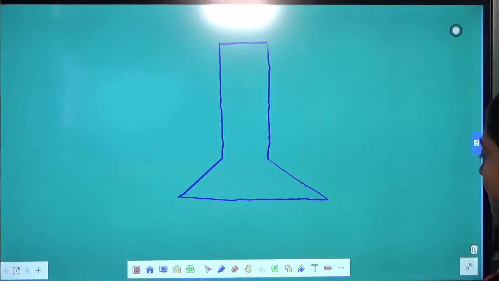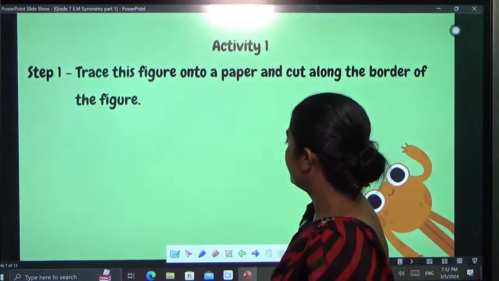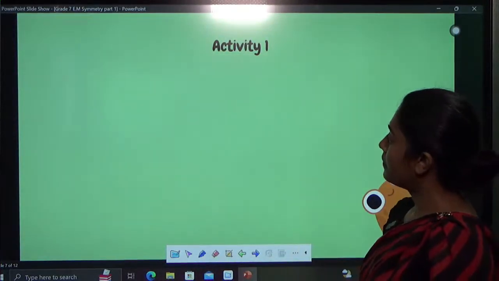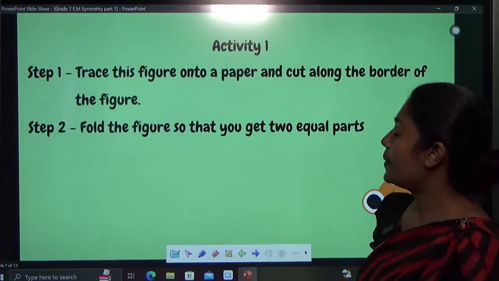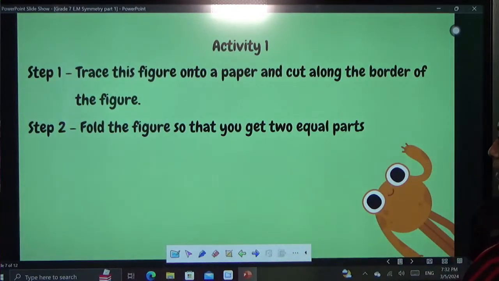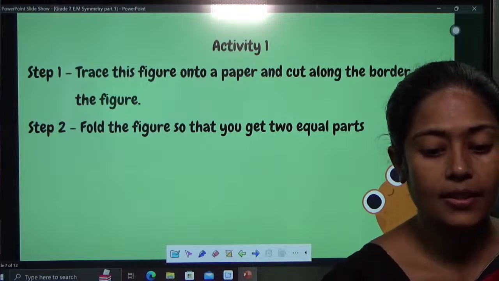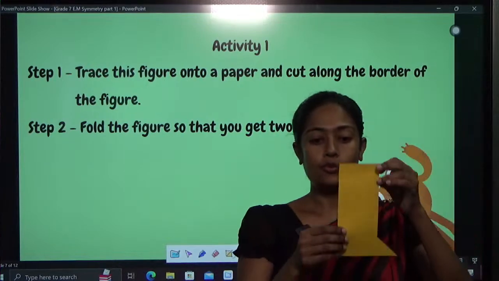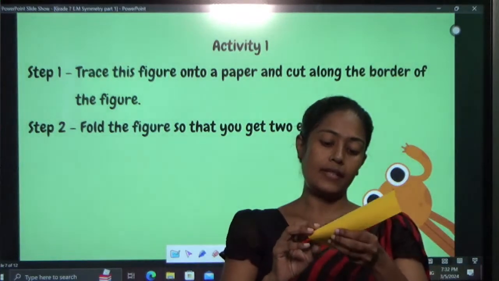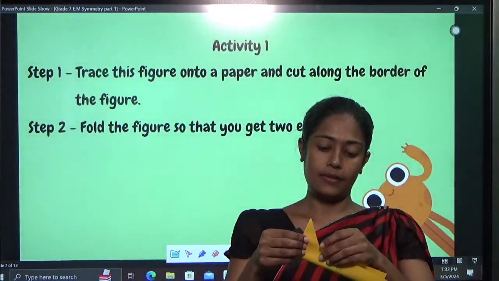Then next one, step number 2, fold the figure so that you get 2 equal parts. So you have to fold this figure into 2 equal parts, like this way you have to fold it.